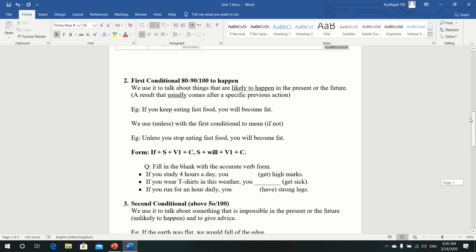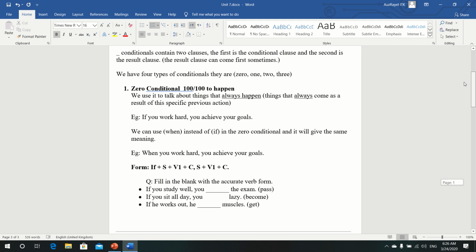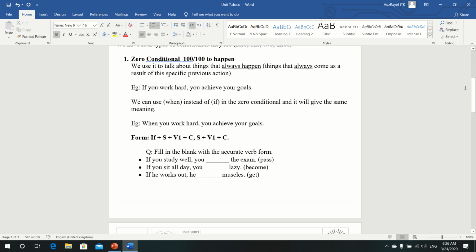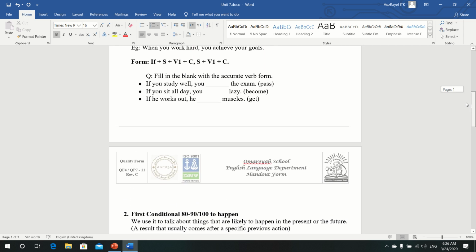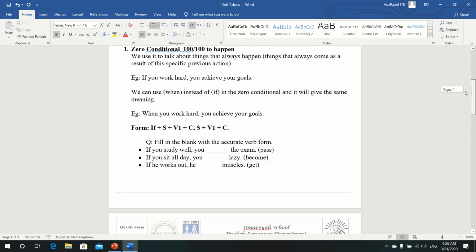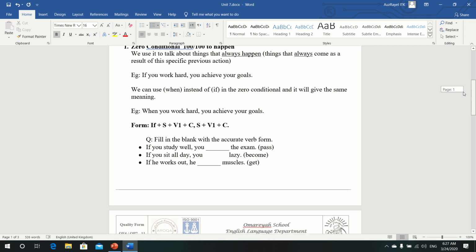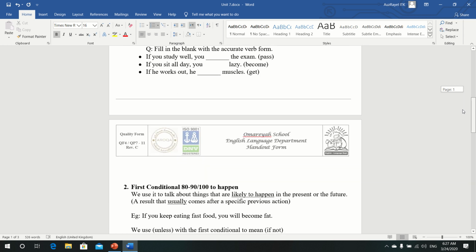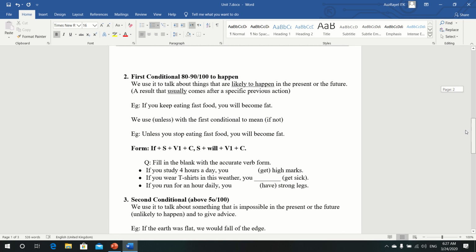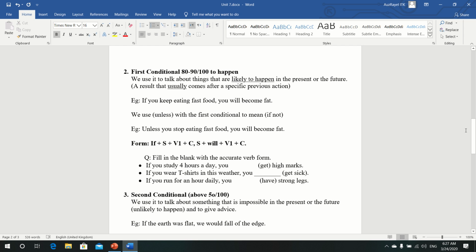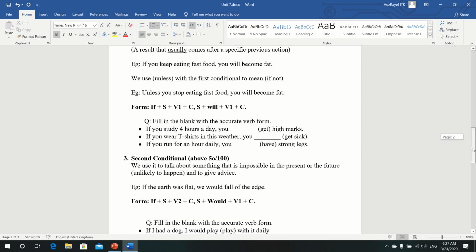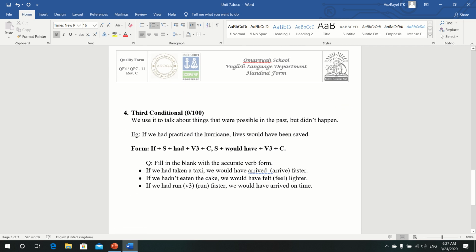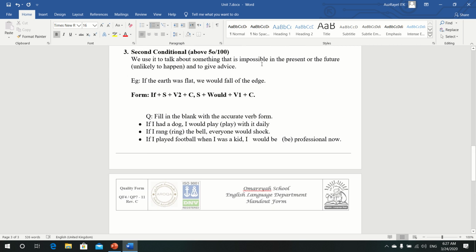Okay, so that's all for the conditionals. Please put the forms above each other and compare them. It will make it easier. For example, the zero conditional is simple present, simple present. All you need to do to change the zero conditional to the first conditional is to put will in the second part. For the second conditional, we replace the modal 1, which is will, with the modal 2, would.